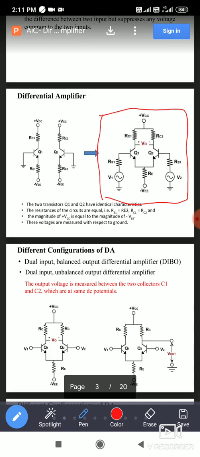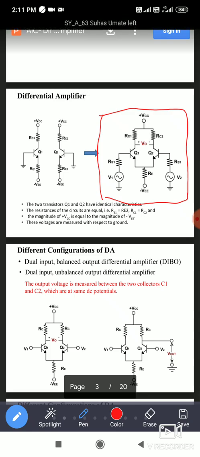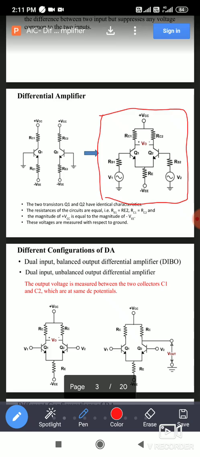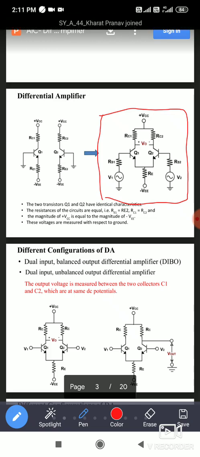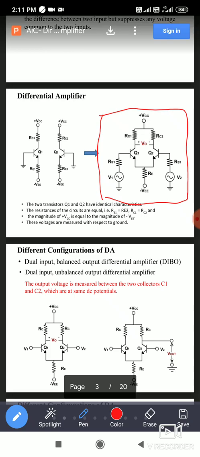So RC1 is equal to RC2 equal to RC. RE1 is equal to RE2 equal to RE. Then the input or base resistance, RS1 equal to RS2 equal to RIN. So these have equal values. Now next, the supply voltage: the magnitude of plus VCC is the same as the magnitude of minus VEE.